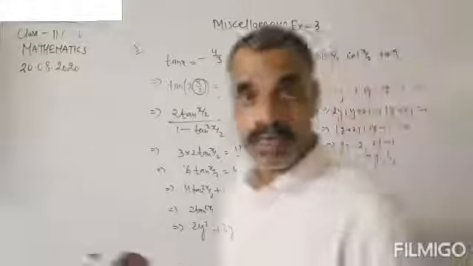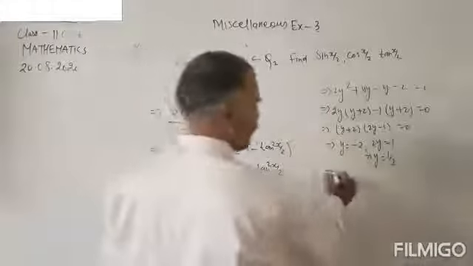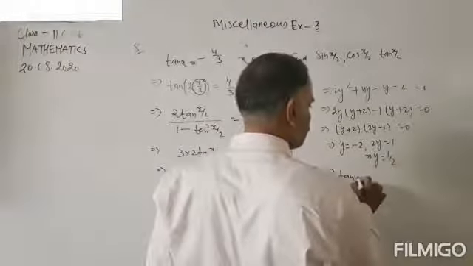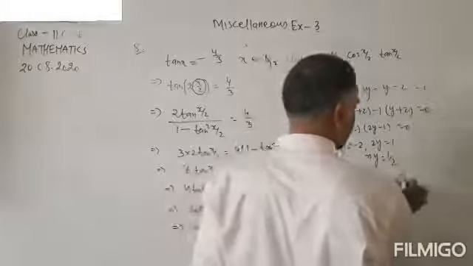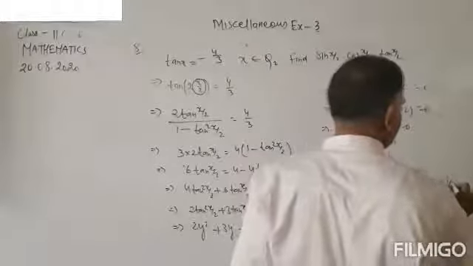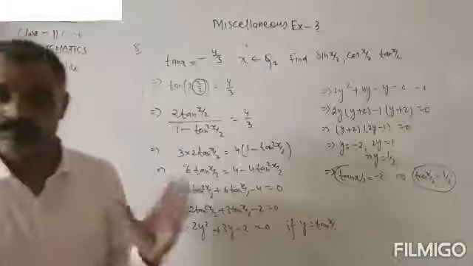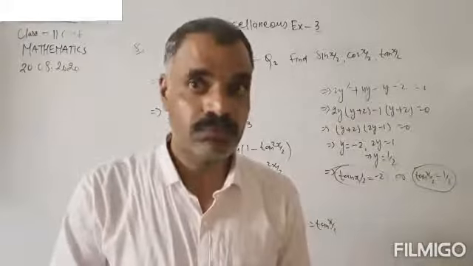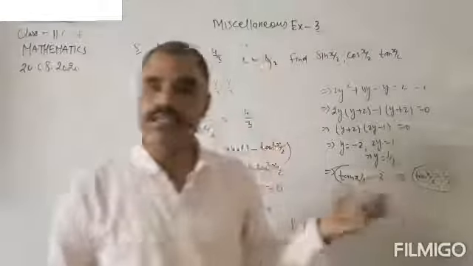Two values of y means two values of tan x by 2. So tan x by 2 is equals to minus 2, or tan x by 2 is equals to 1 by 2. Now which one is the right value, correct value of tan x by 2?